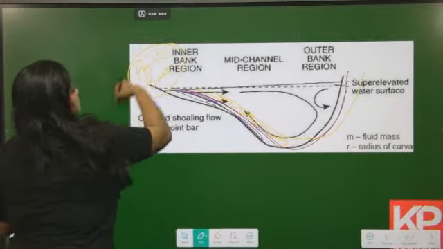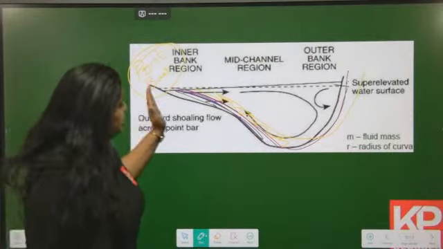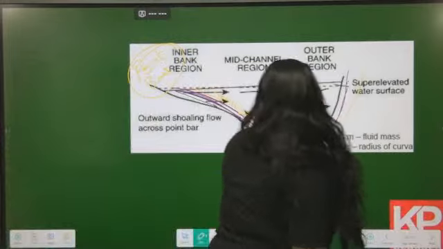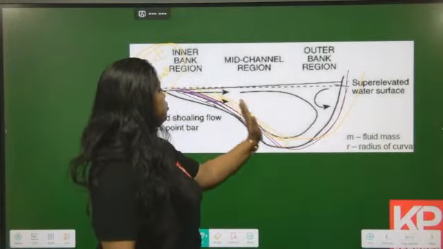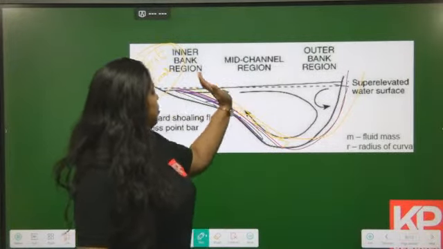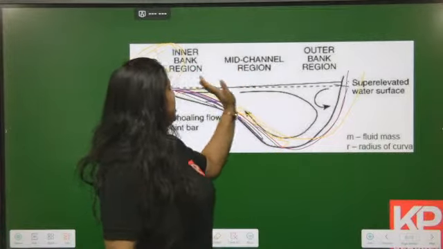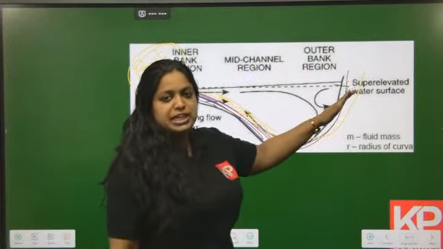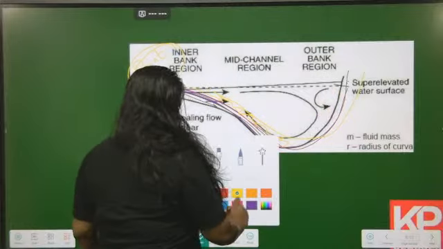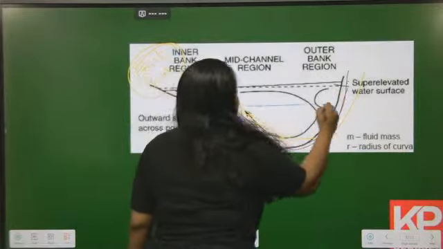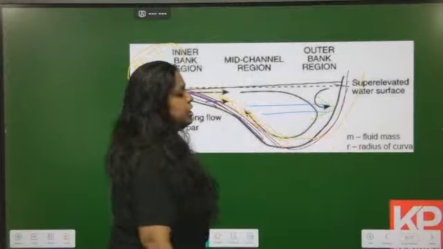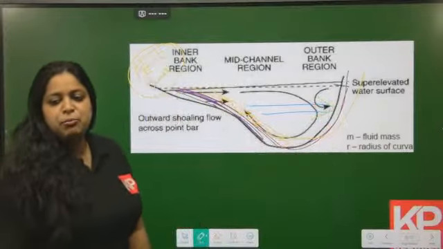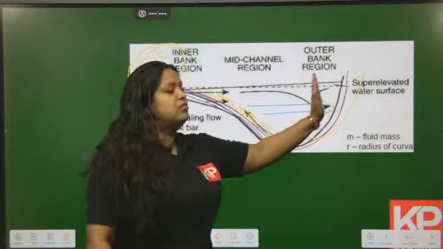They are called point bars, and point bar deposition takes place in this particular way, dipping towards the channel. Along with the deposition of the point bar in the inner bank region, more and more erosion takes place at the outer bank, and ultimately the channel is migrating from this side towards this side.